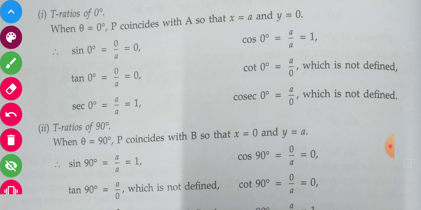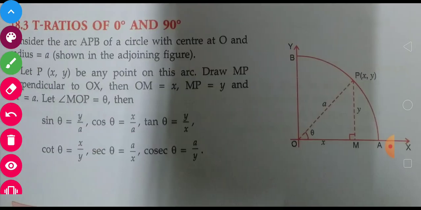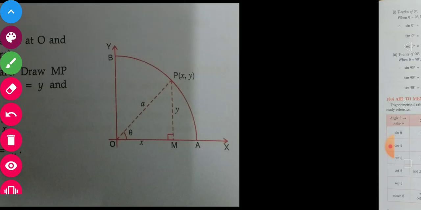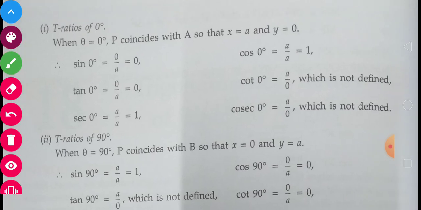So my sine 0 now, what was my sine theta? Sine theta was y by A. I know that y is 0 and x is equal to A. Then y by A, 0 upon A, is 0. So we conclude that sine 0 has the value 0.